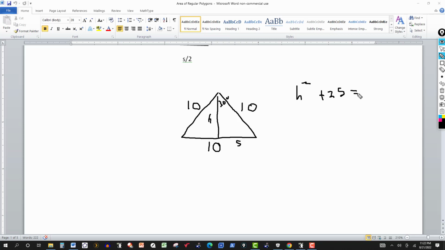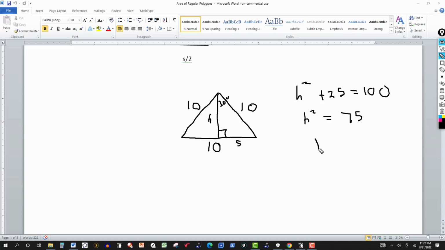is equal to 100. Using the Pythagorean theorem, if you have a right triangle, the square of the hypotenuse, which is always opposite the 90-degree angle, that's this right here, drop the perpendicular to find this altitude. That square will equal the sum of the squares of the other 2 sides. So then this would be h squared, subtract 25 from both sides, this will give me 75.